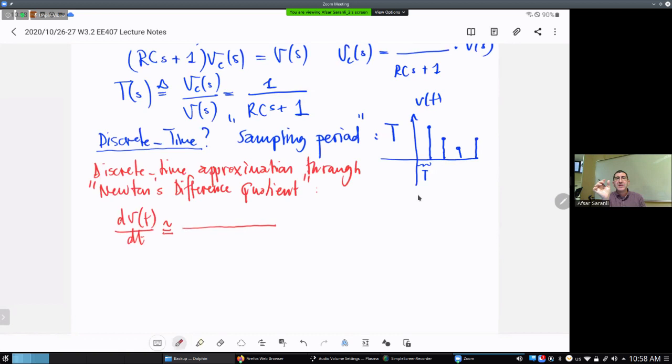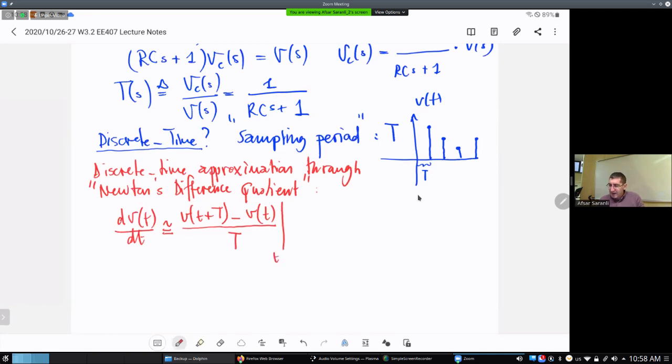That means the limit of the sampling period goes to 0. Okay, so we can make an approximation by getting rid of the limit, but simply assuming that this interval is very small. So I'm going to have a difference of the voltage. So the value of the voltage at t plus the period minus v(t) divided by that interval T. Okay.